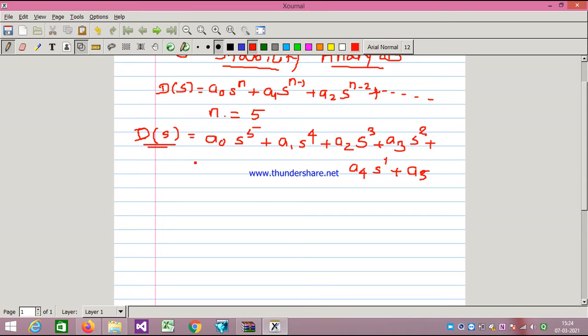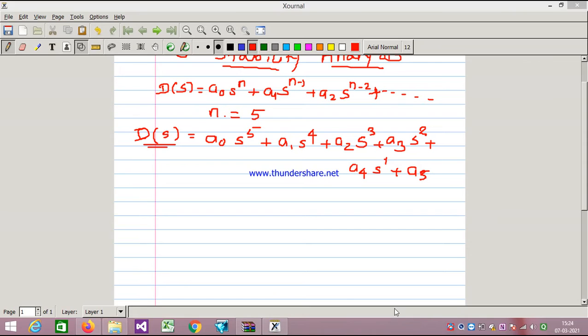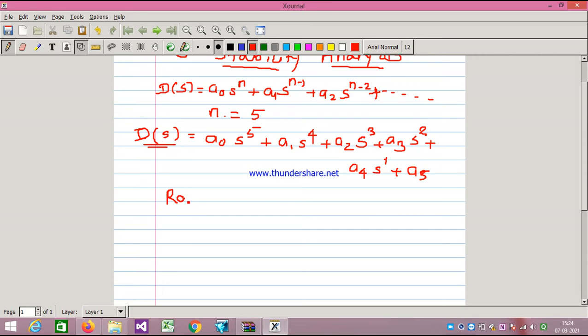To identify whether any equation is stable or not, we use the Routh-Horvitz method.